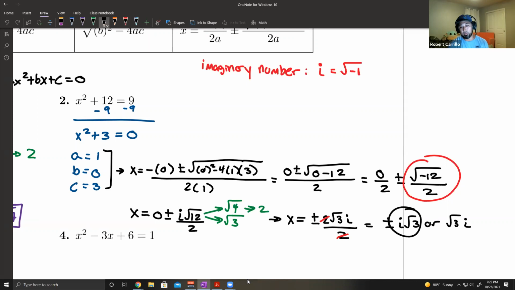I think the first would be preferable, so you don't think that the i is underneath the square root. So I would stick with the first one. There you go. So this is what happens when you try to square root a negative number. You get an imaginary number, which is known as i.